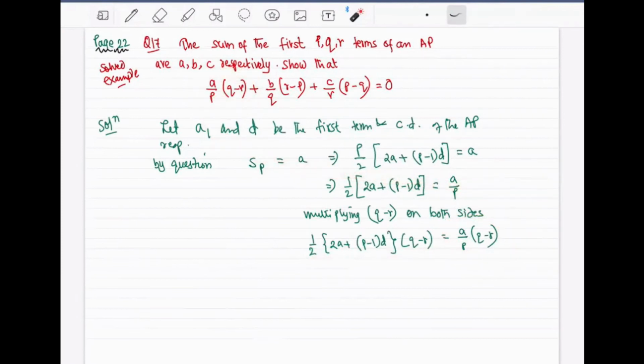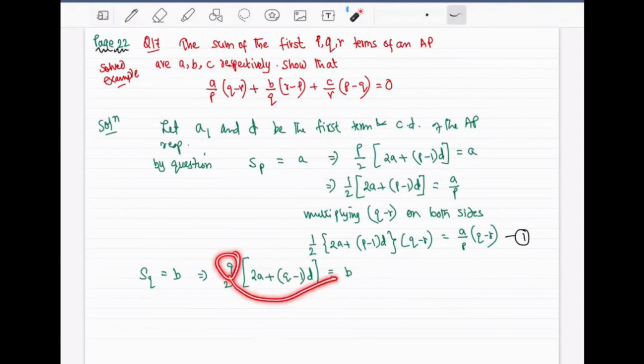Sum of the first Q terms is how much? It's B. So from that, I think I can obtain this term also. So let's make it equation number 1. Next, sum of the first Q terms, SQ, Q by 2 times (2A1 plus (Q minus 1)D) is equal to B. We wanted this part, remember, B by Q whole bracket times (R minus P).